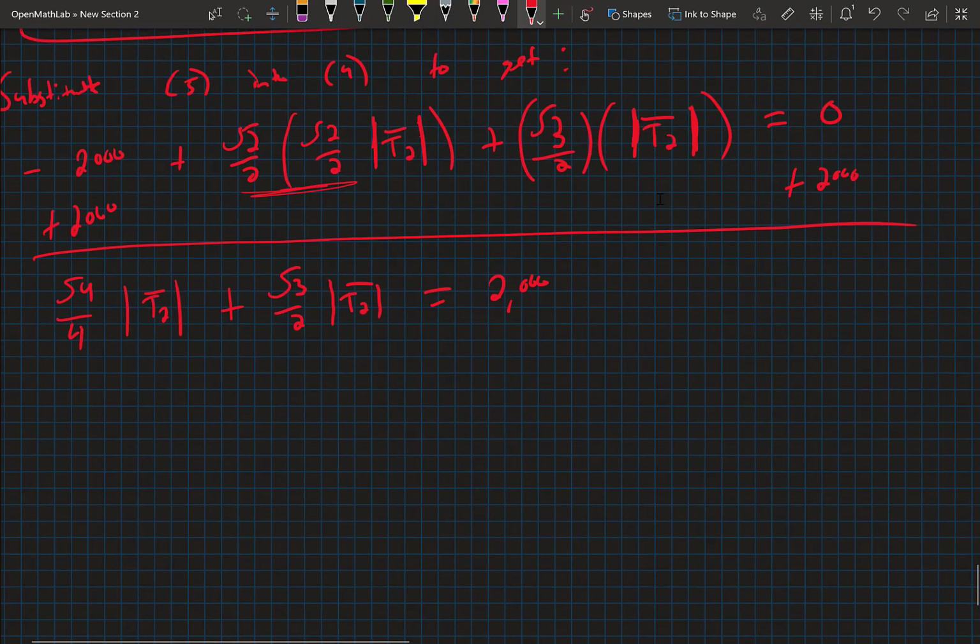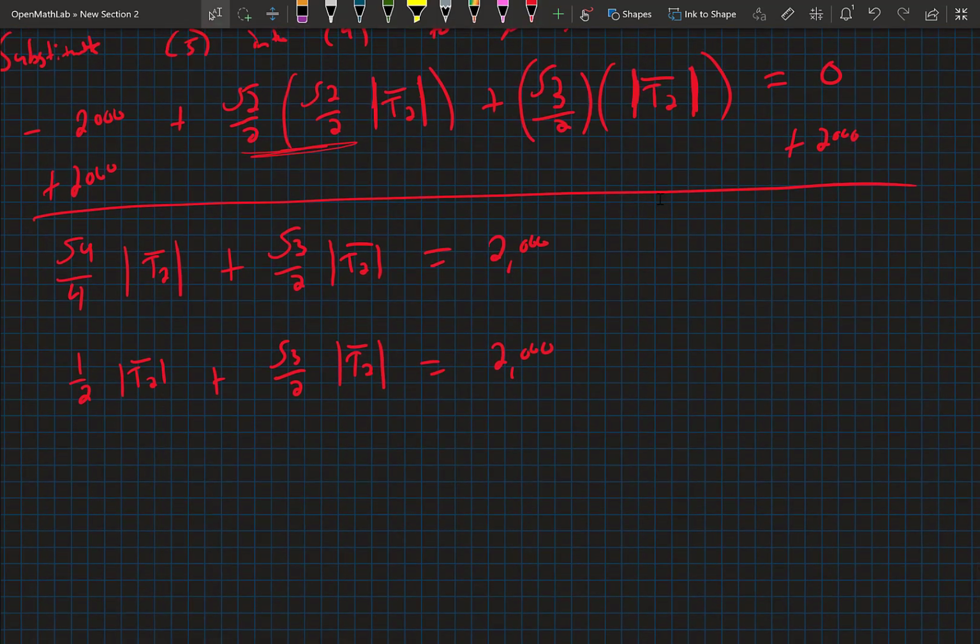And then radical 4 is 2, so this just becomes 2/4, which is 1/2, right? So this would be 1/2 times the magnitude of T2 plus radical 3 over 2 times the magnitude of T2 equals 2,000. So now I can add these together. So this becomes, and I have a common denominator, so this would be 1 plus radical 3 over 2 times the magnitude of T2 equals 2,000.